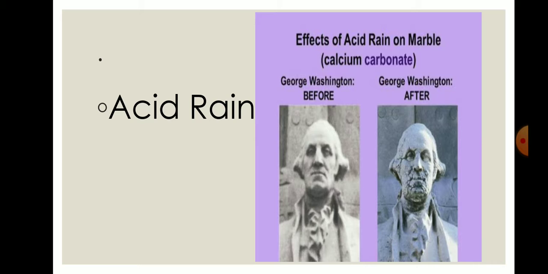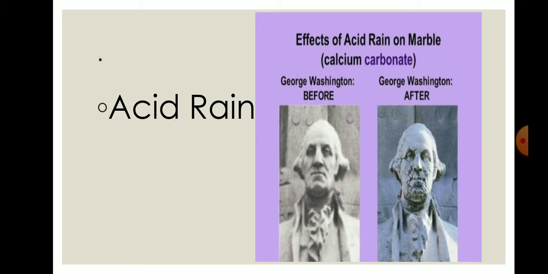Can you imagine what disaster this acidic rain causes? In the first image the statue is quite clear, but in the second image some damage has taken place, and you can see the somewhat distorted structure of the face of this statue. This is caused by the acidic rain.